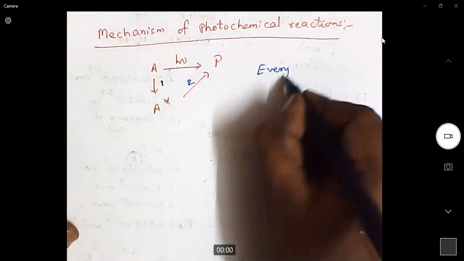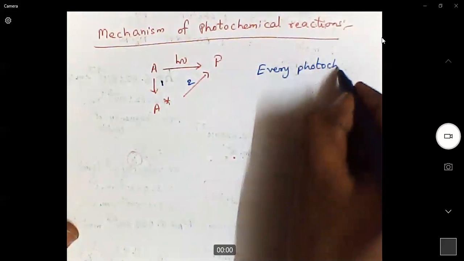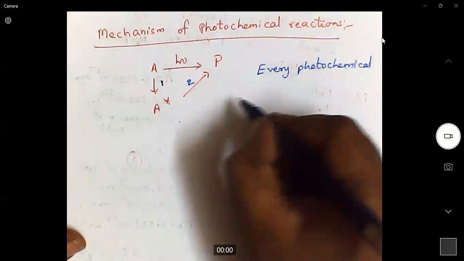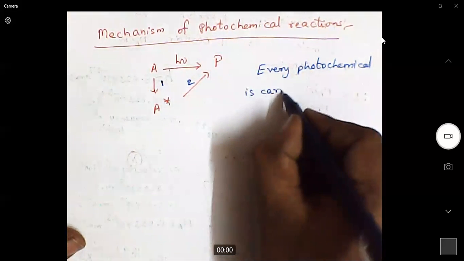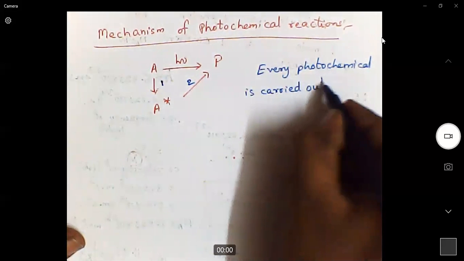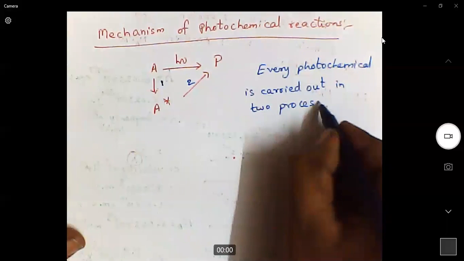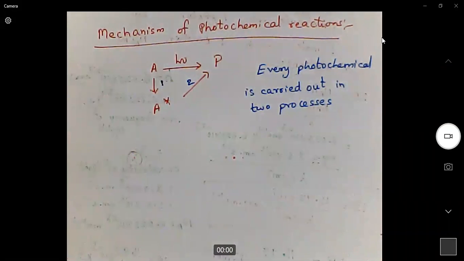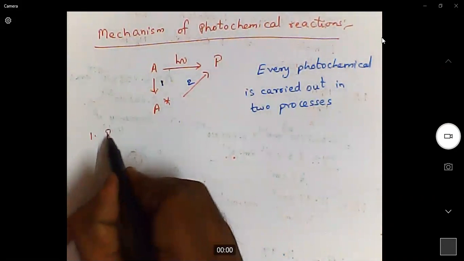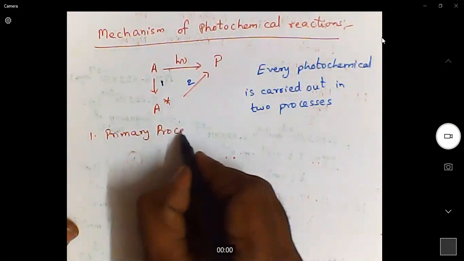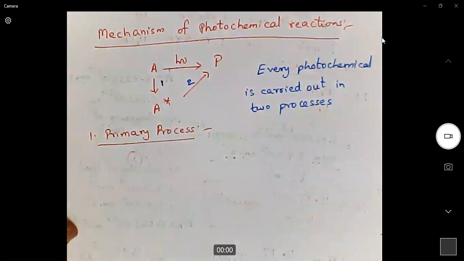So every photochemical reaction, please take the notes along with me. Every photochemical reaction is carried out in two processes. First one is called a primary process. What is a primary process?